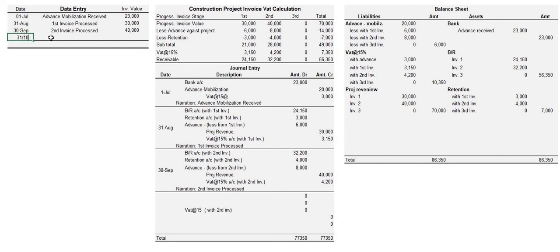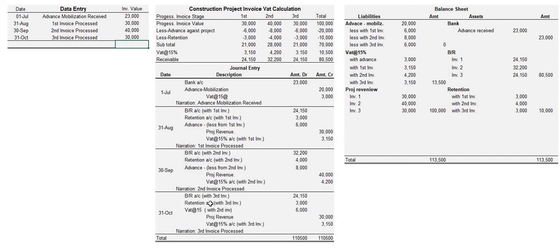We prepared the third invoice. The third invoice will be 30,000, the last invoice, because the total project amount is 1 lakh. Now you can see here, everything is repeated in the same way. No need to explain more.